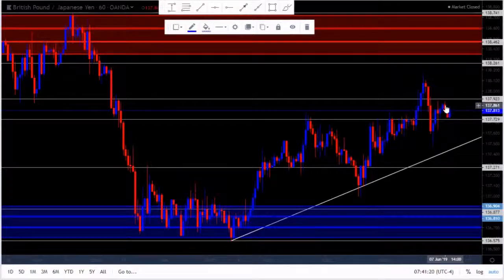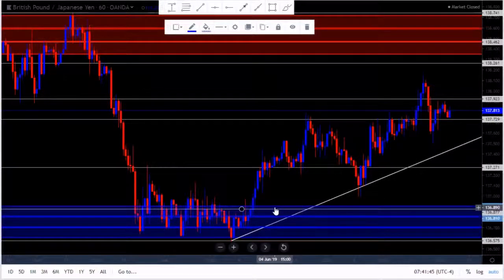Take a look over here to the right where price is currently, and you'll see that it didn't quite hit that level, but it came damn close to it. Down here, it didn't quite hit that level, but it came very close to it. So look at it as an area or zone, not necessarily an end all be all.